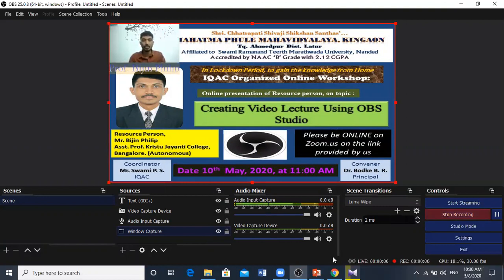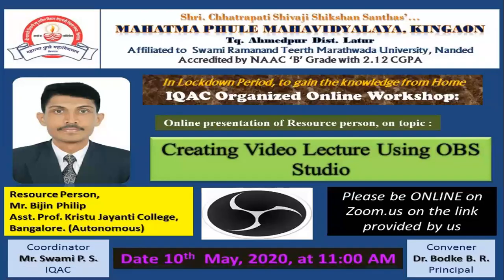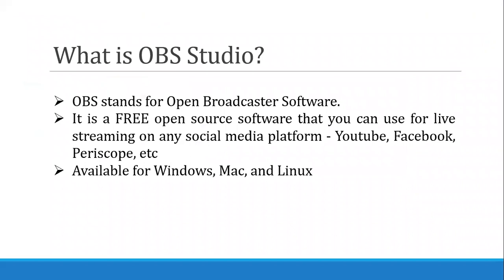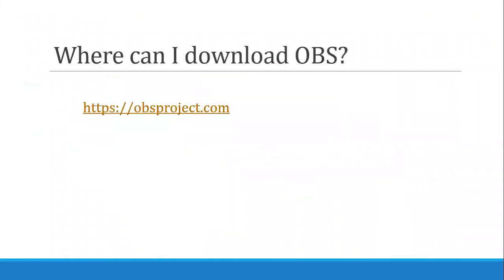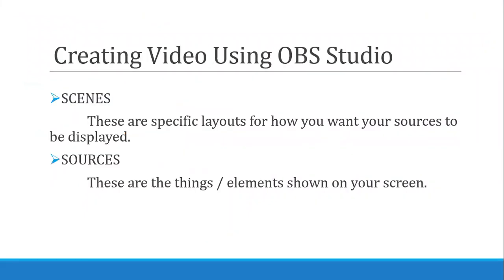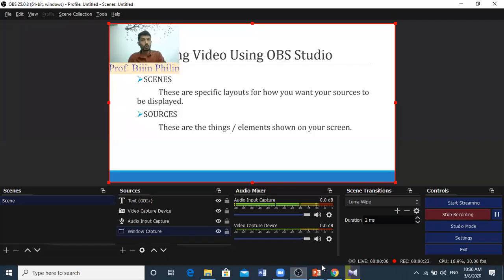Again you have to go to the presentation slideshow, so your PPT is available here and you can explain the PPT. Once you are done with your explanation, you can move back to the OBS software and press the stop recording button. So now I am pressing the stop recording button.